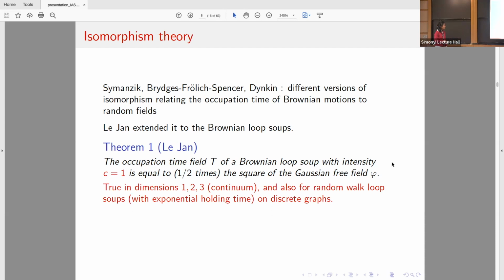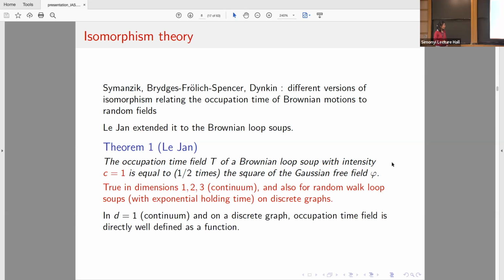In fact, this isomorphism for Brownian loop soup, Le Jan showed it holds in the continuum Euclidean space in dimension 1, 2, and 3. It also holds for random walk loop soups with exponential holding time on any discrete graphs. When D equals 1, or if we are on a discrete graph, then the occupation time field of a loop soup is finite on any point of the space, and it is directly well-defined as a function.